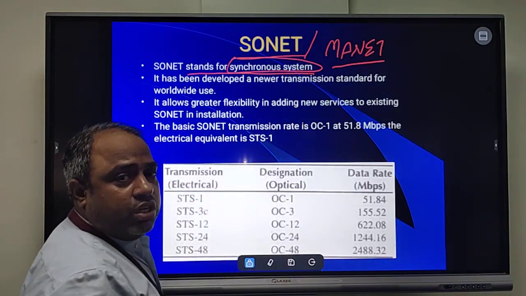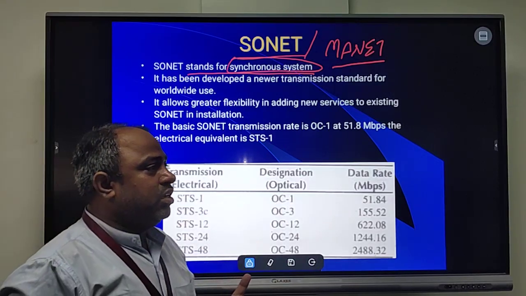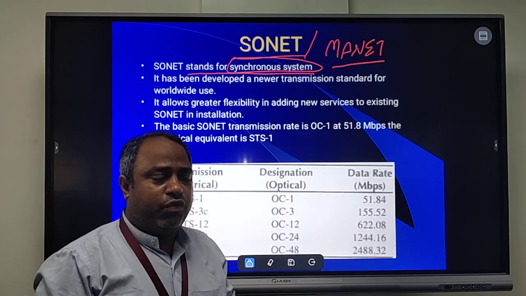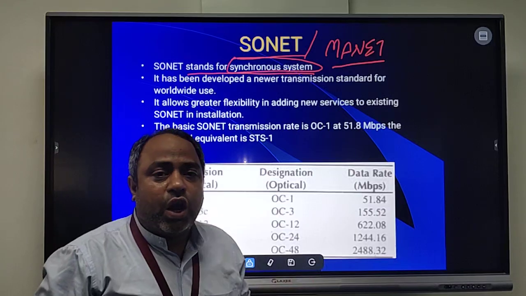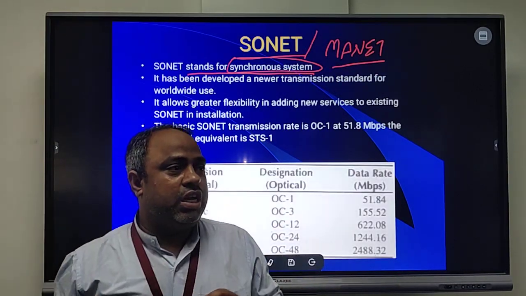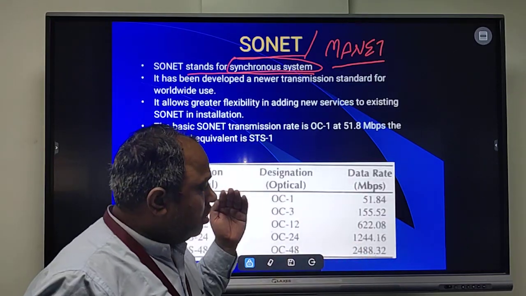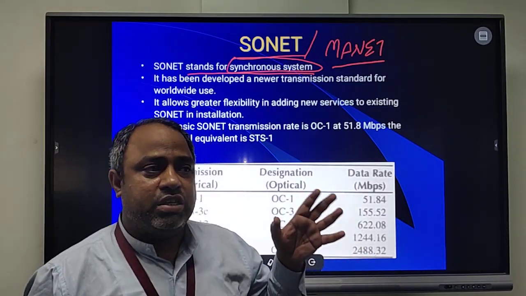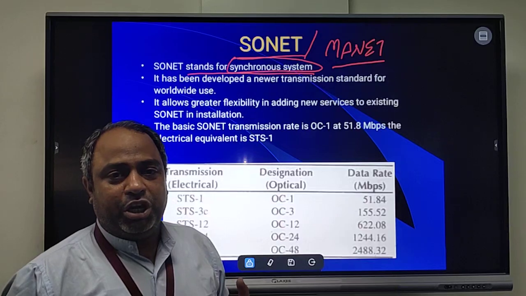When the synchronous system is working simultaneously, you can share data continuously from one side to the other without any delay. It means the sending end and the destination are clubbed together and data is constantly traveling simultaneously.